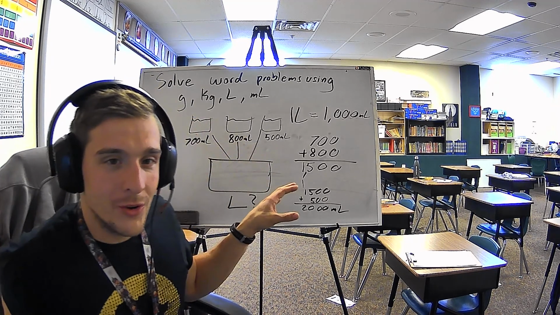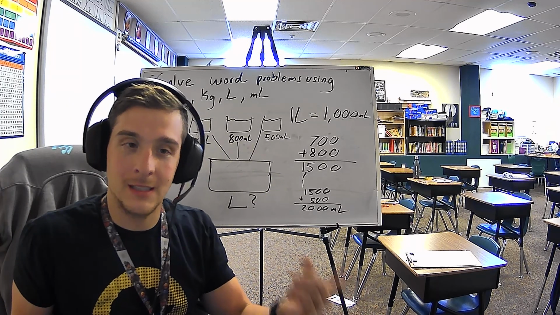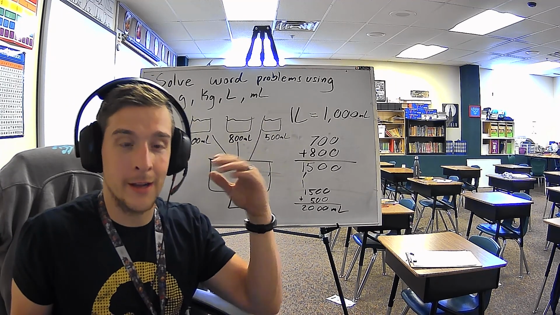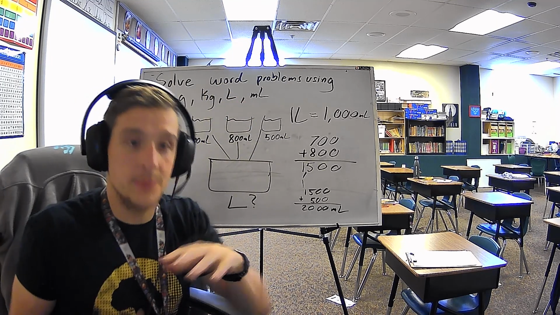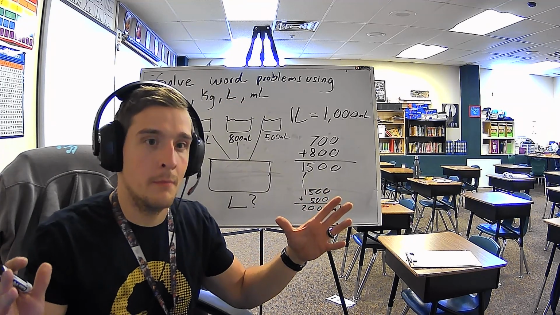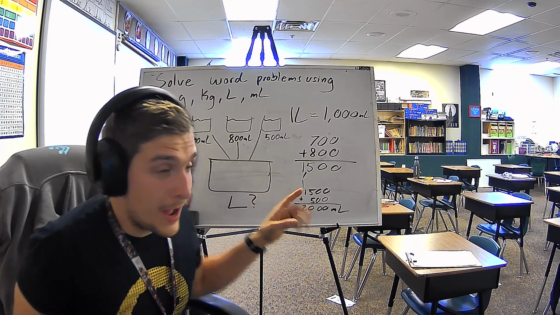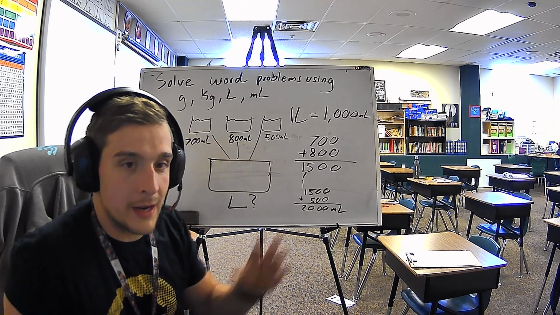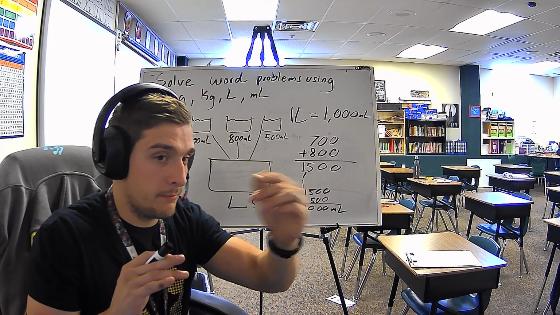We still want to do this process, but we need to convert, right? This last one, the last problem we did, we took kilograms and converted it to a smaller unit, grams, which made a much larger number, right? Now, I have smaller numbers, and I'm trying to put them together to make a larger unit.